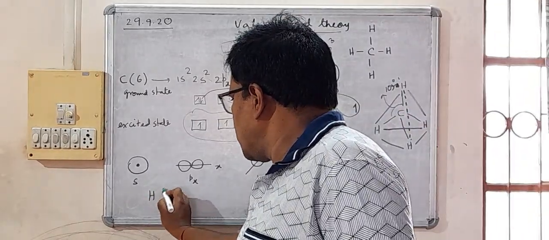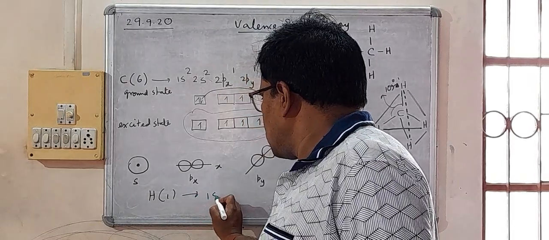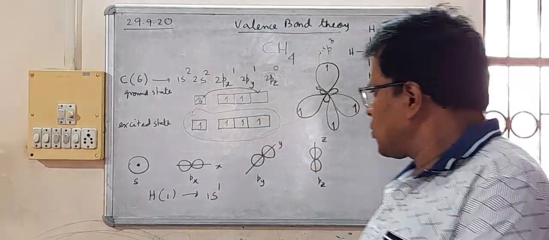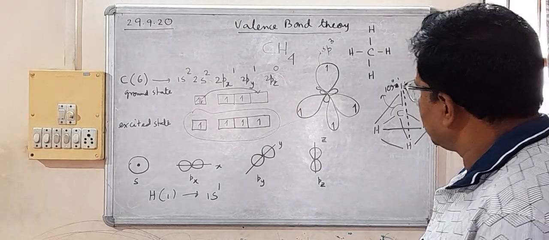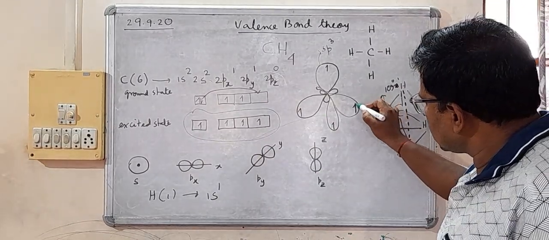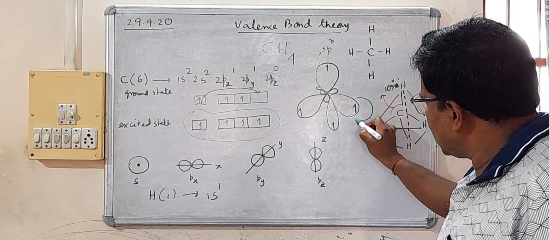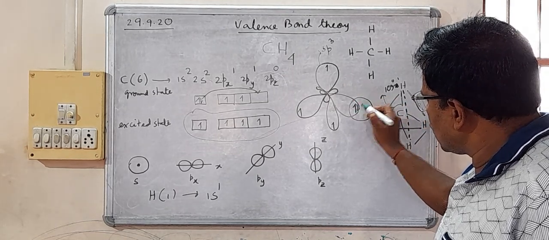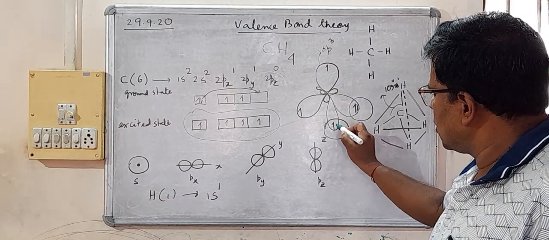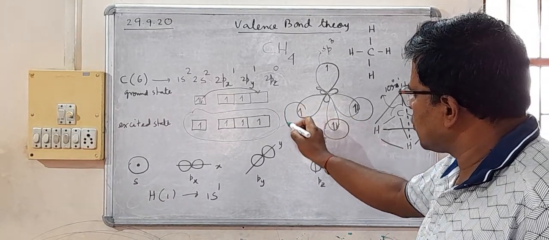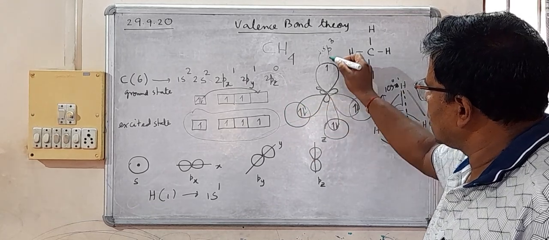Hydrogen has atomic number 1. Its configuration is 1s1. So they will overlap with the 1s1 of hydrogen. This is 1s overlapped, this is 1s overlapped, this is 1s overlapped.